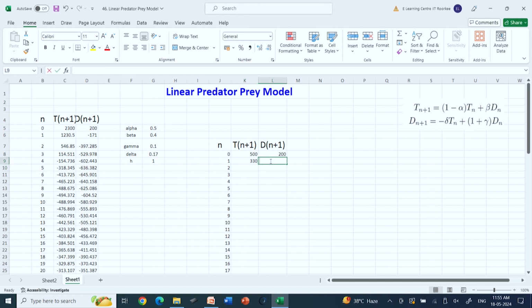Similarly, if you calculate the deer population, it is D0, so D1 equal to D0, which is this value, plus gamma times D0. So, gamma multiplied by D0 minus delta times T0.